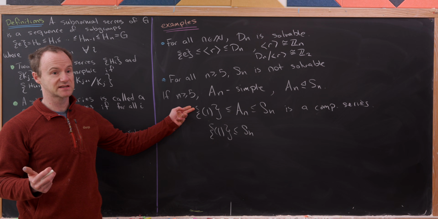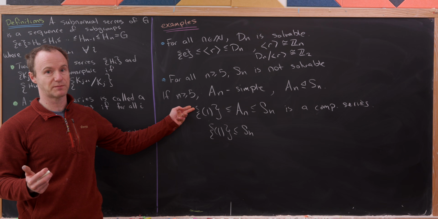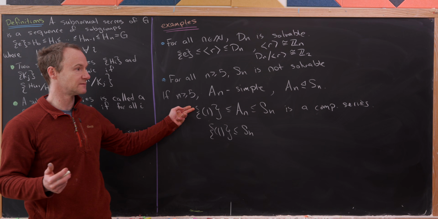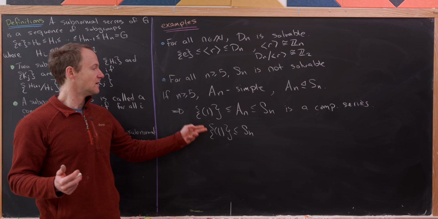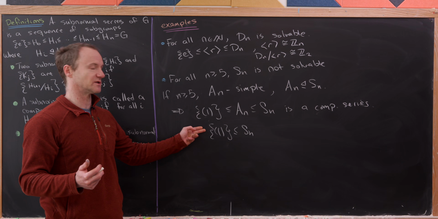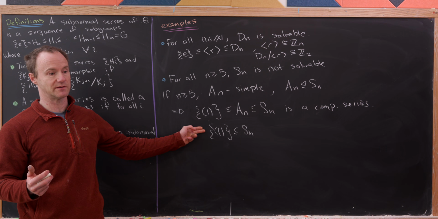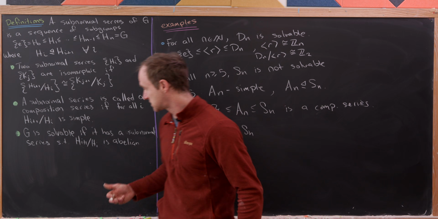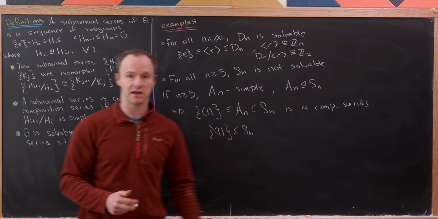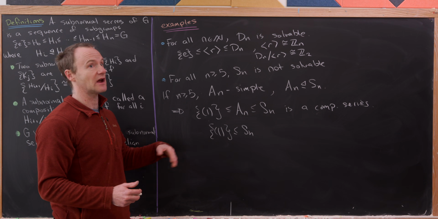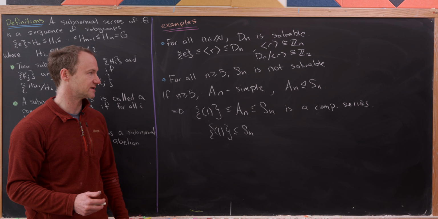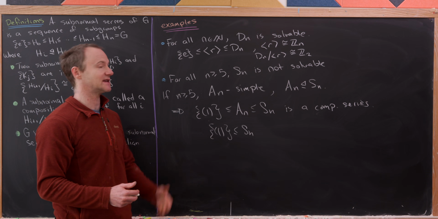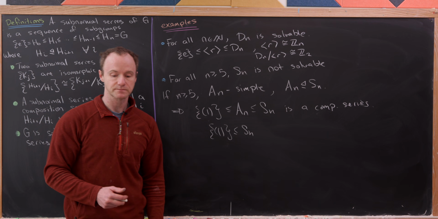But then since composition series are the longest possible subnormal series, the only other subnormal series is this down here. But neither of these subnormal series, the only two possible subnormal series, give us quotient groups that are abelian, which means there is not a subnormal series where the quotient group is abelian, which means S_n is not solvable.